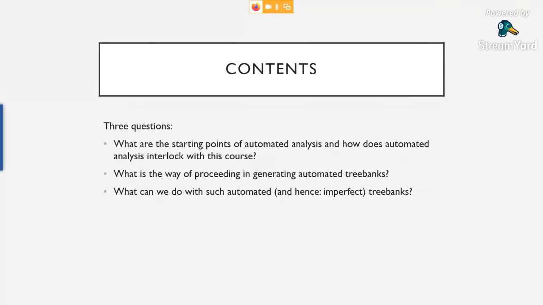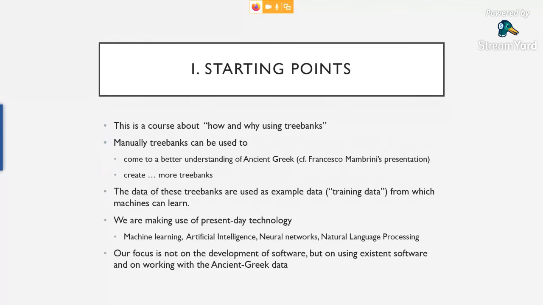Then we'll present how we can generate such automated treebanks. And finally, and maybe that's the most interesting part, what can we do with such automatically generated treebanks? That's a very interesting question because the treebanks will be generated in an automatic way, and that means that they are inherently imperfect. They will never reach 100% accuracy. So let's start with the first part.